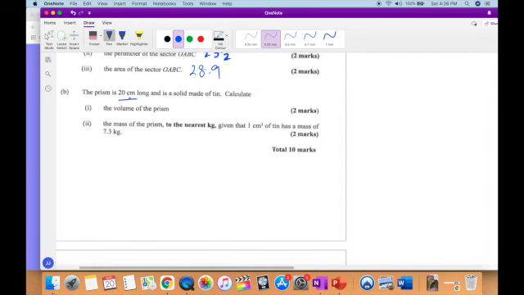A prism is 20 centimeters long and made of solid tin. Well, I don't care if it's made of solid tin. So they say here that we have this prism now, which is what we just calculated.